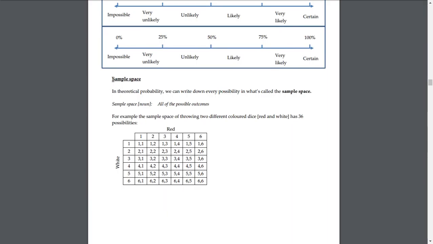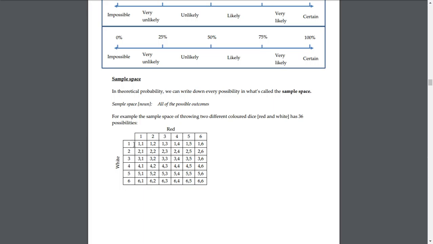There's also a concept of sample space, and it's used in theoretical probability only. We write down every possibility in what's called the sample space. There's a definition here. It's a noun, and it's all of the possible outcomes. For example, you can say that the sample space of throwing 2 different colored dice, red and white, has 36 possibilities, because the red die can have 1 to 6 and the white die can have 1 to 6.